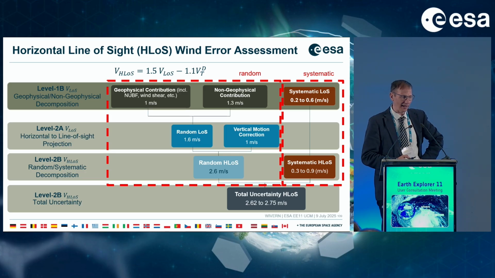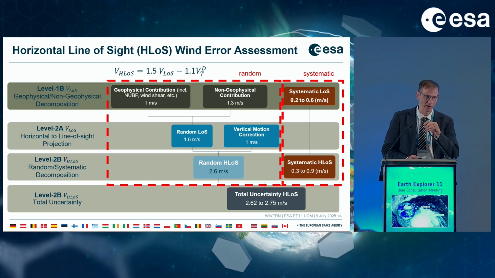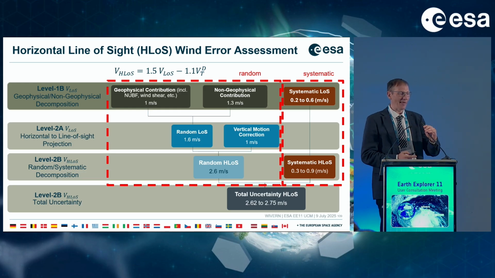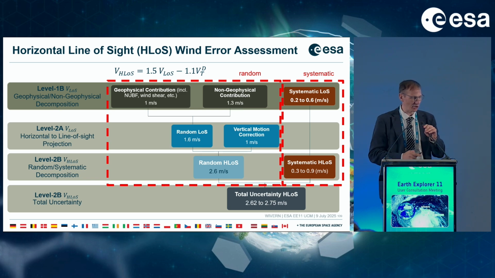And we can solidly confirm that the HLOS wind uncertainty will be less than a meter per second for both consortia, and this is a very important requirement for data assimilation.